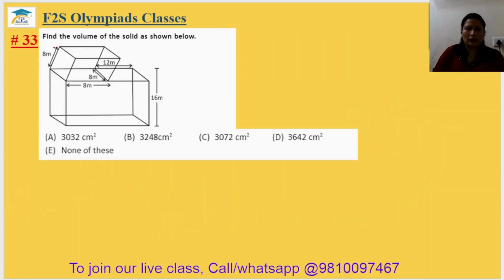Come to question number 33. Find the volume of the solid as shown below. Actually, there are two cuboids, one big cuboid and one small cuboid. Here you can see one big cuboid and one small cuboid. The volume of the total solid will be the volume of the big cuboid plus volume of the small cuboid.